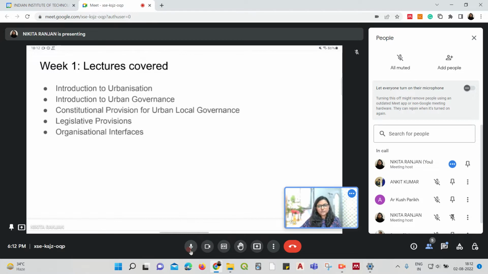So these are the 5 lectures which you would have covered. First is Introduction to Urbanization. In this you would have covered basic definitions related to urbanization and urban governance. Then you would have covered some basic urban data like growth rate, sex ratio, urban density, all these kinds of data.